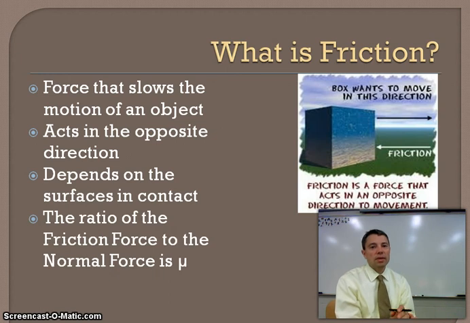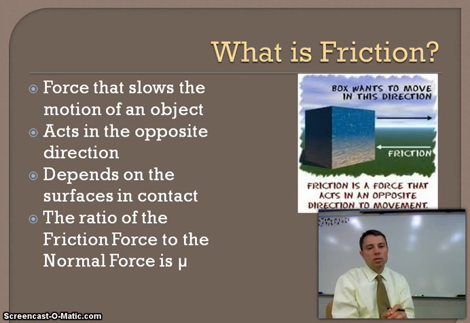The amount of friction that we have really depends upon, again, those surfaces, and to figure out that amount of friction, we look at it in terms of the ratio of the friction force to the normal force, okay? And so we're creating a fraction.